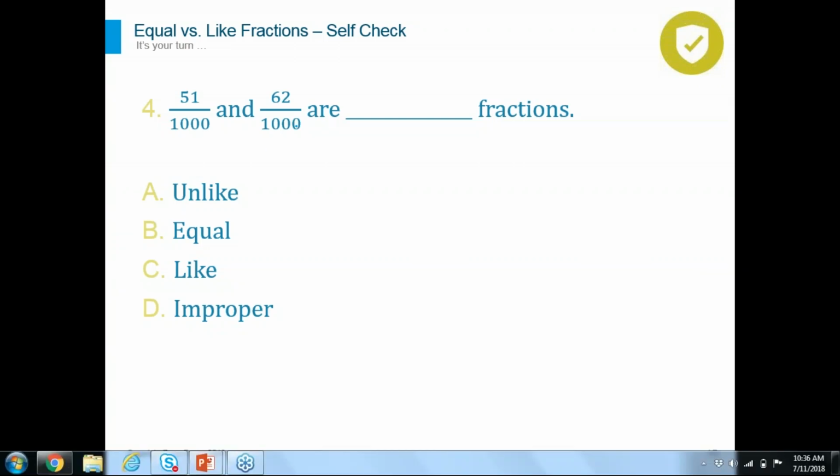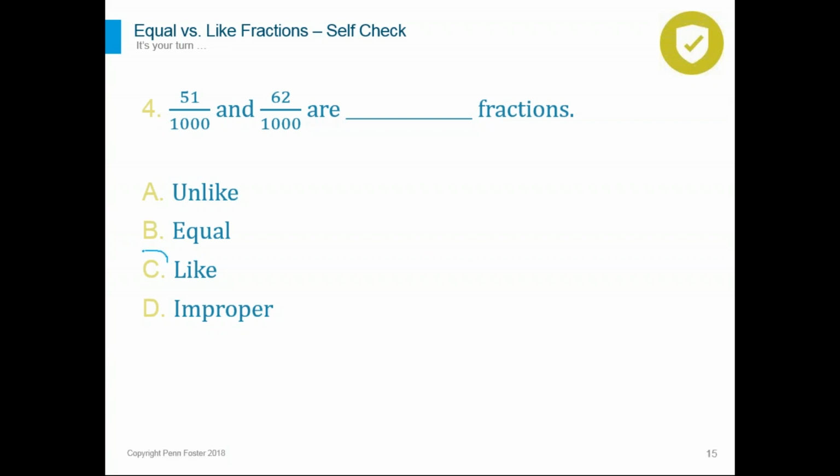Well, since they have the same denominator, the only right answer from the ones given in this question is like, C. Of course, they are not equal, because 62 is greater than 51, so one fraction is greater than the other. So equal is wrong.